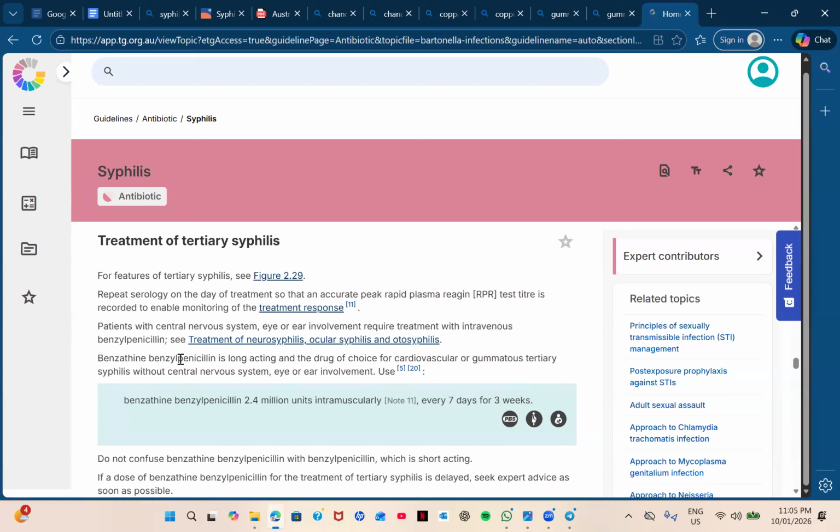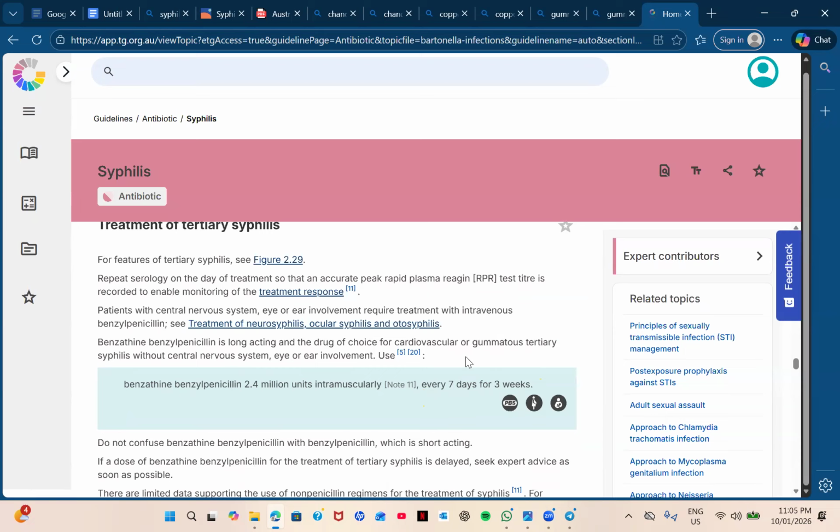And benzathine benzyl penicillin, which is long acting, is the drug choice for cardiovascular or gummatous tertiary syphilis without central nervous system, eye or ear involvement. So we can use benzathine benzyl penicillin 2.4 million units intramuscularly every 7 days. It's the same treatment.